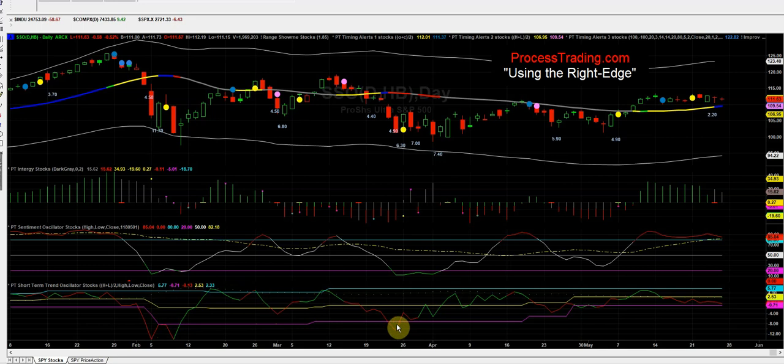And if it goes through that pullback line, then it's likely to hit it and bounce off it and continue up. And that's what happened right here. It went above it and it came back down to it, but it only moved back down to the pullback line, and then of course proceeded to go back up.